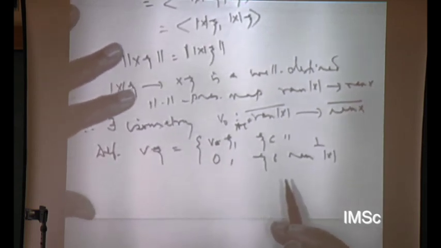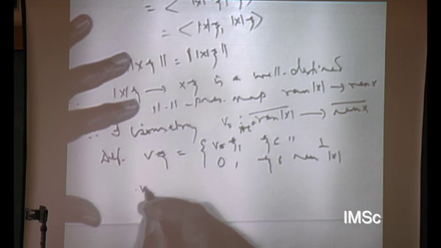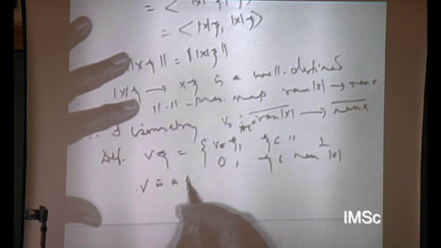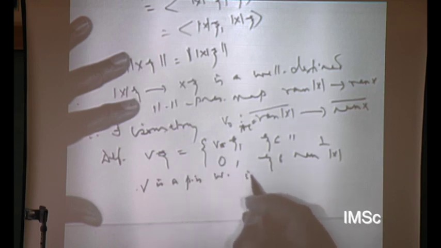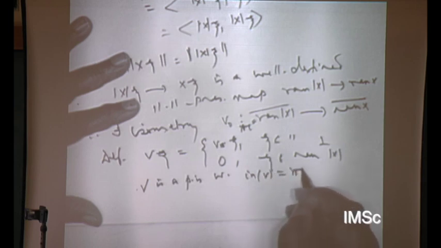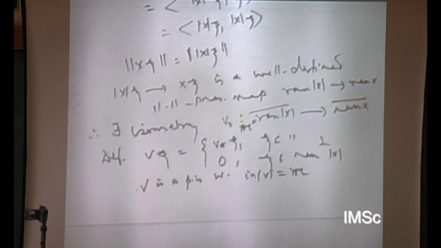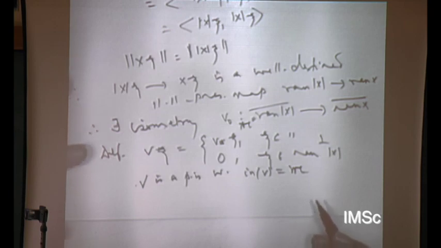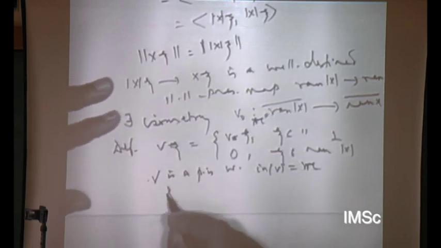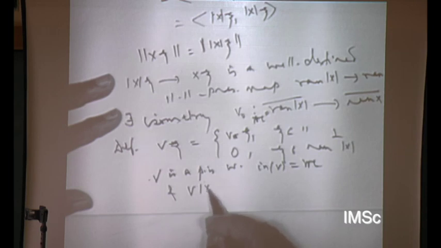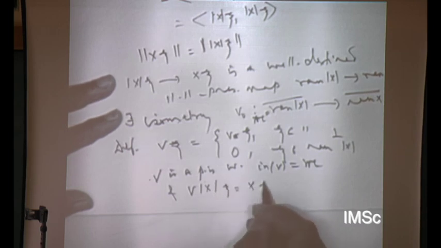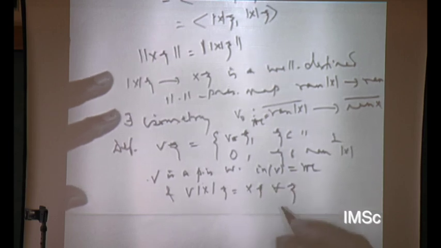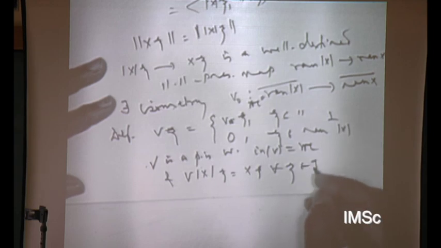Then we see that V is a partial isometry with initial space equal to M. Right, by definition, it kills M perp and it is isometric on M. And by definition, V of mod x xi equals x xi for all xi. That is, V mod x is x.